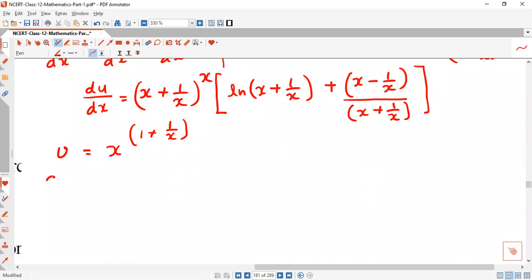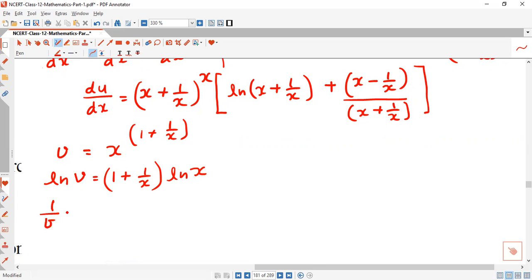What are you getting? dv by dx. We can't differentiate it directly, because this is a function of a function. We don't know any formula, so we have to take the log on both sides. Log v equal to 1 plus 1 upon x times log of x. Okay. So now there are two functions. Differentiate with respect to x.